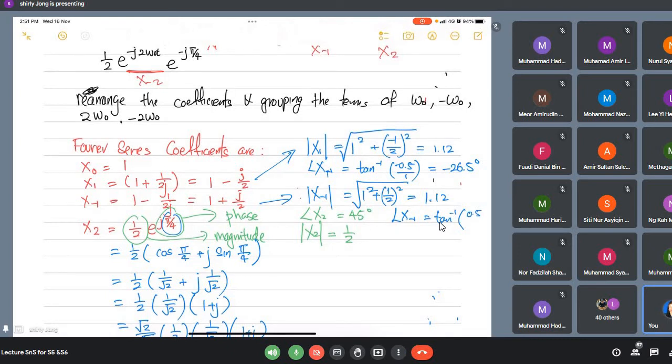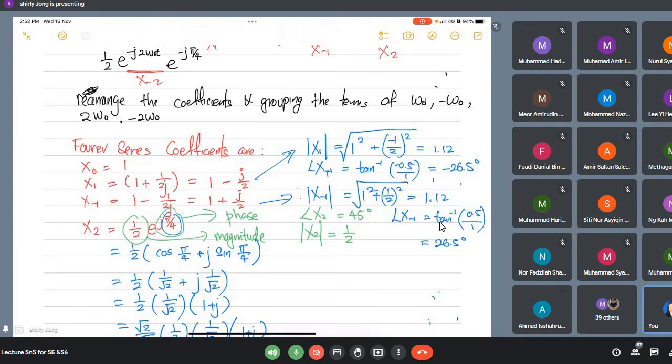It's positive, right? Positive, correct. Positive 0.5 divided by 1. So this is equal to 26.5 degree. Okay, class, do you get it?